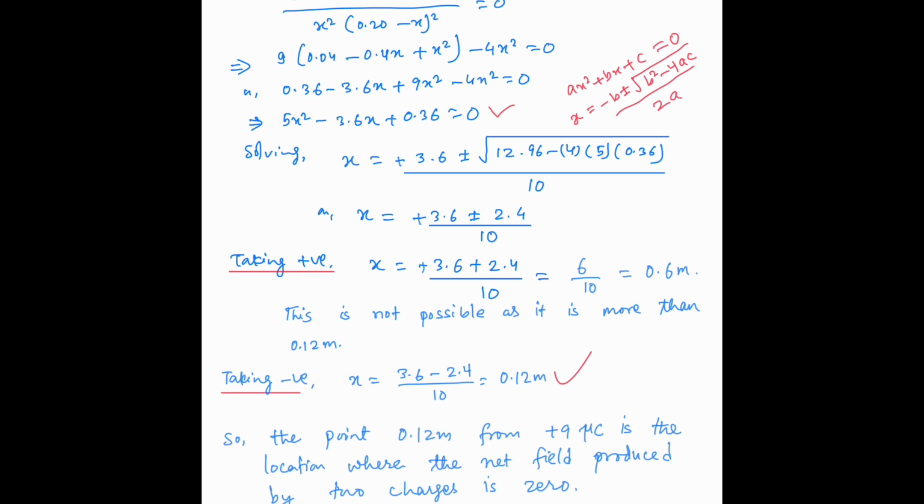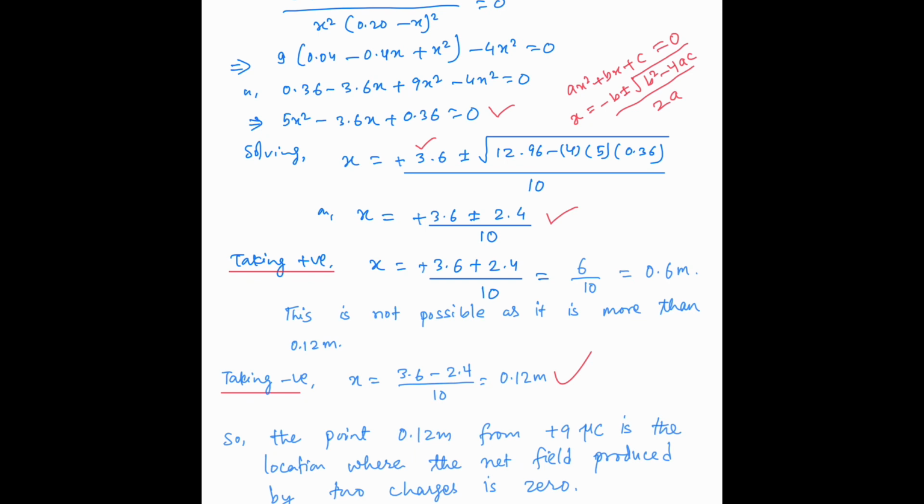Here b is minus 3.6, so the negative of minus 3.6 would be positive 3.6, plus or minus, so the two roots will be the values of x. You solve that and you can have positive and negative roots for x.